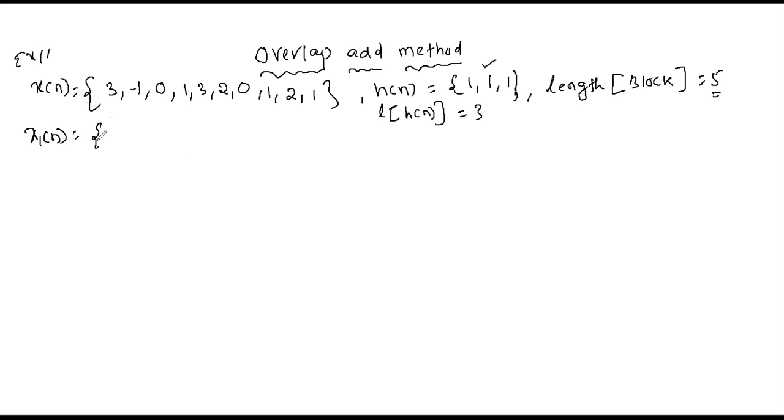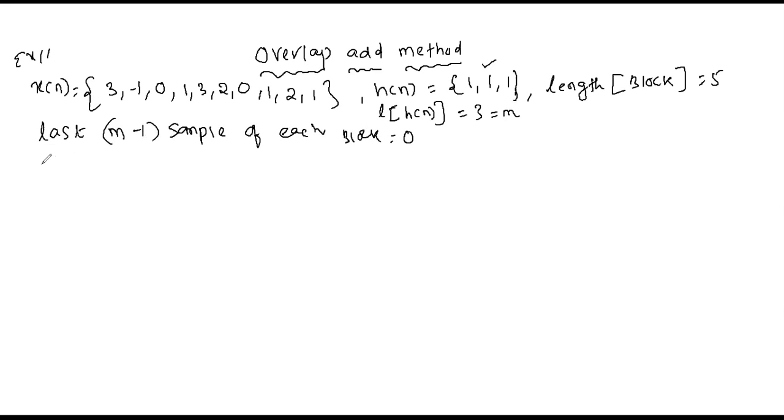Always remember the steps: in this overlap add method, the last M minus 1 sample values of each block equal 0. M is the length of the impulse response.